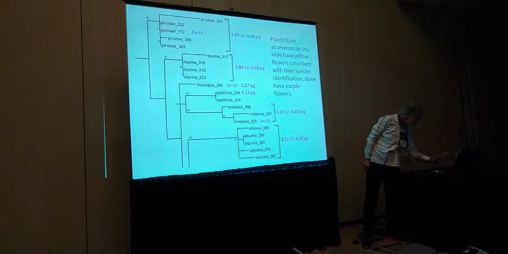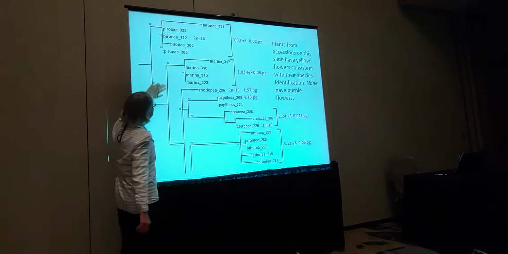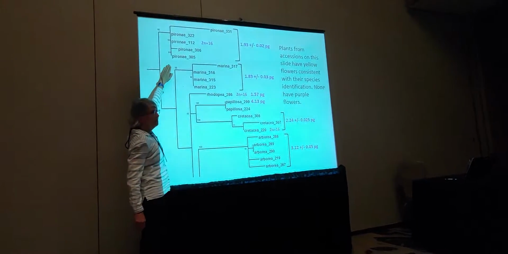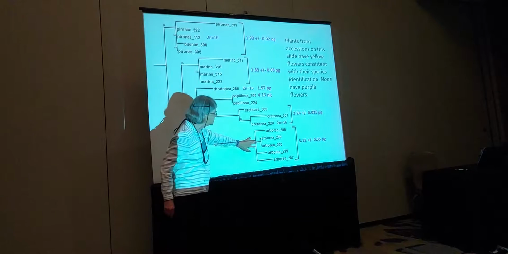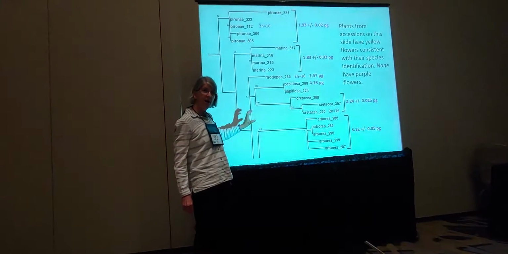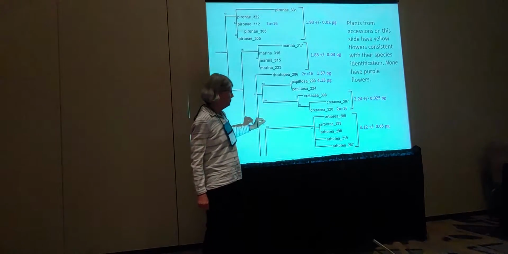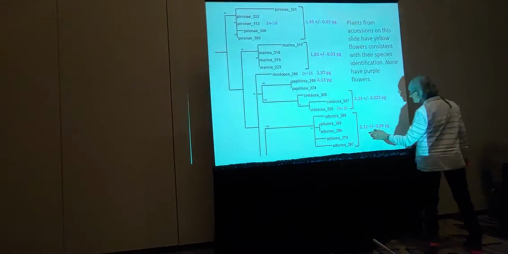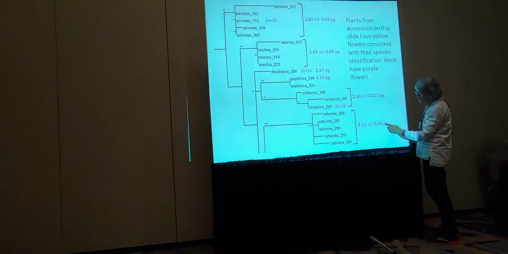So you can see that here, and what you can see is, so here's Medicago coroni, here's Marina, here's Protasea, here's Arborea, 4 species shown on this particular slide whose identity, all of the accessions, their identity is confirmed. Here's their genome size here, 3.12 plus or minus 0.05.